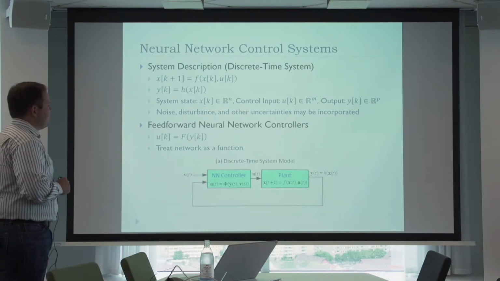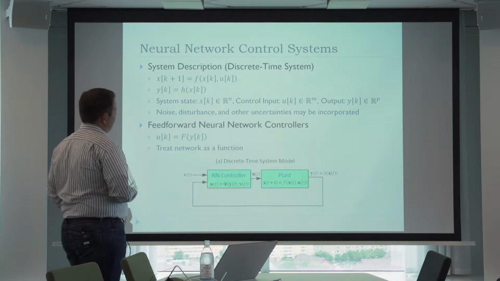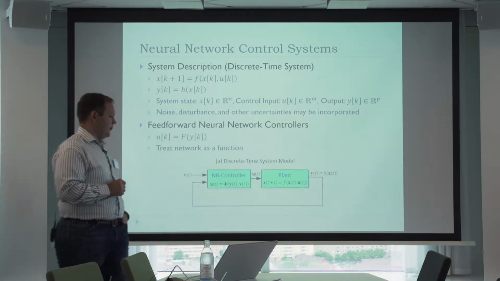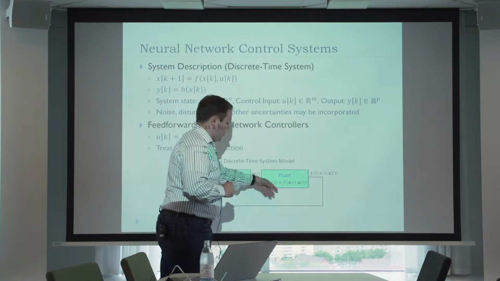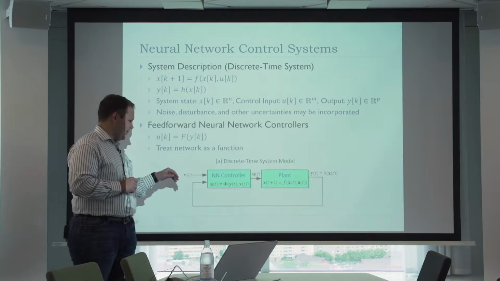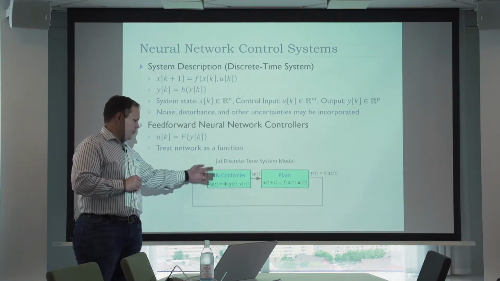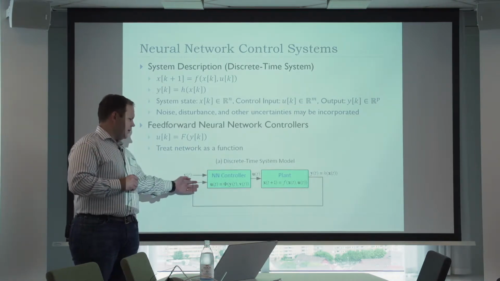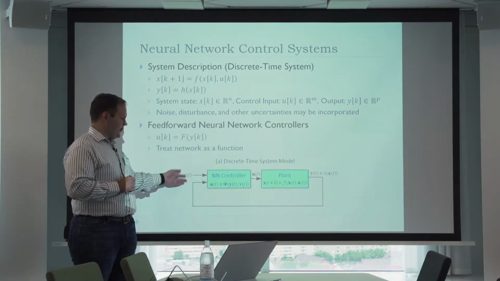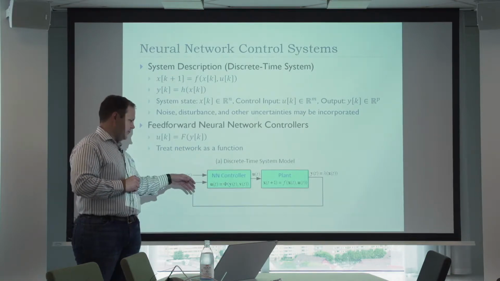So the context of what we've been doing so far would be if we're using neural networks within feedback control systems. So we're controlling some plant, and this is a kind of discrete time formulation, but you can generalize this. And then we have a neural network-based controller that's looking at outputs from the plant, so taking sensor measurements. Maybe it has a signal you want to track, or maybe it's got some noise. Maybe the plant has noise too.